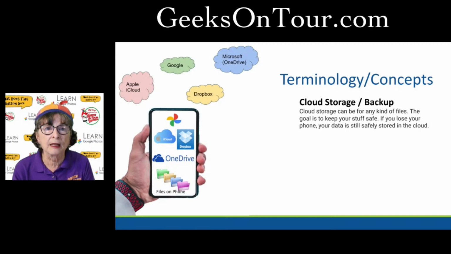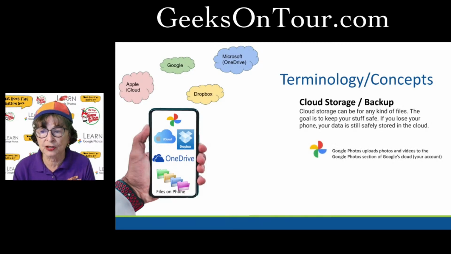Dropbox will upload some files from your phone to cloud storage for backup purposes. Cloud storage can be for any kind of files. The goal is to keep your stuff safe. If you lose your phone, your data is still safe in the cloud if it has been backed up to cloud storage. But that's for any kind of files, not just photos.